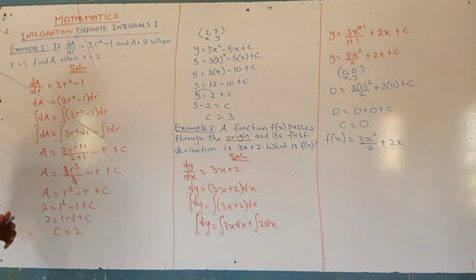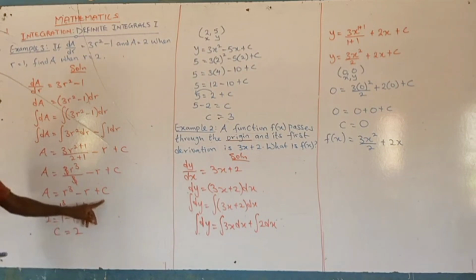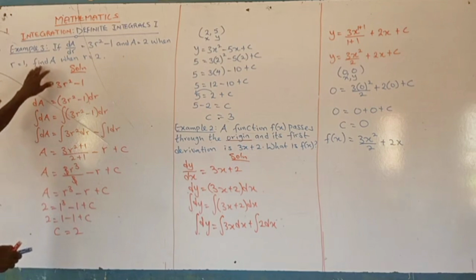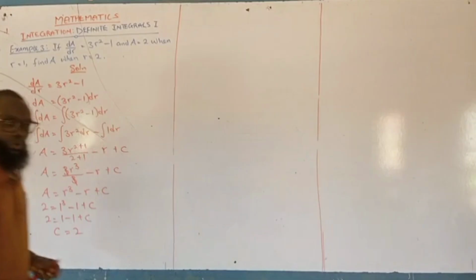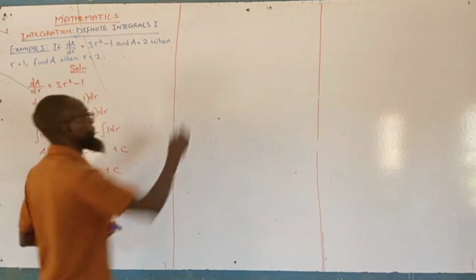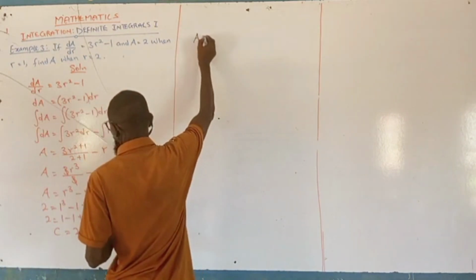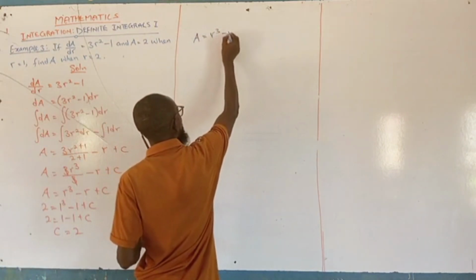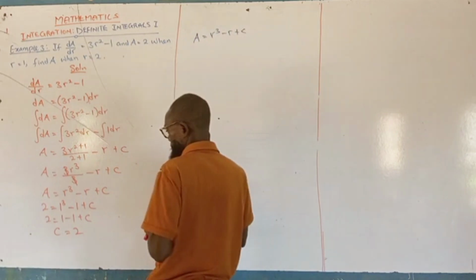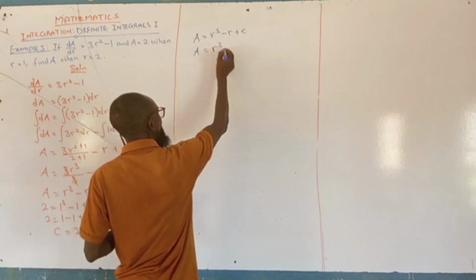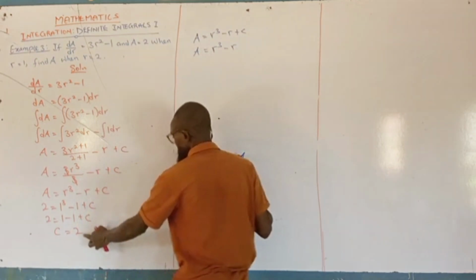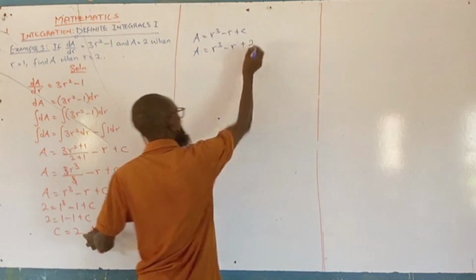Now we can rewrite this equation and put the value of c into it. Then we proceed by looking for the value of A when r is equal to 2. Going back to this equation, A is equal to r cubed minus r plus c. So my equation becomes A is equal to r cubed minus r, my constant c equals 2, plus 2.